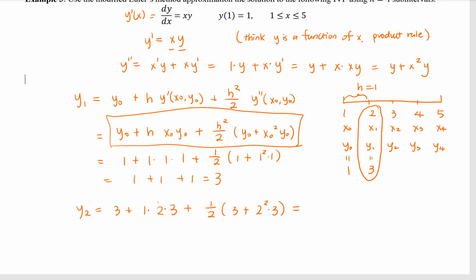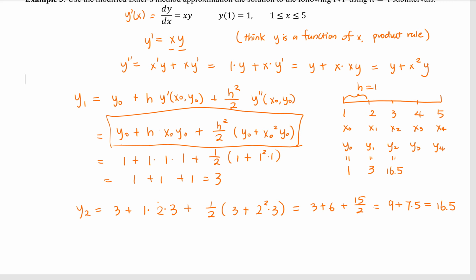So we get 3 plus 2 times 3 is 6, and this is 2 squared, 4. 4 times 3 is 12. 12 plus 3, 15. 15 over 2 is 7.5. So 9 plus 7.5, 16.5 is y2. So far, so good, everybody?